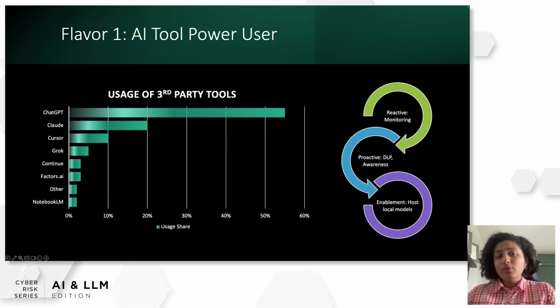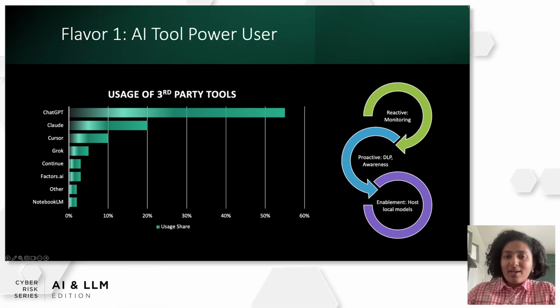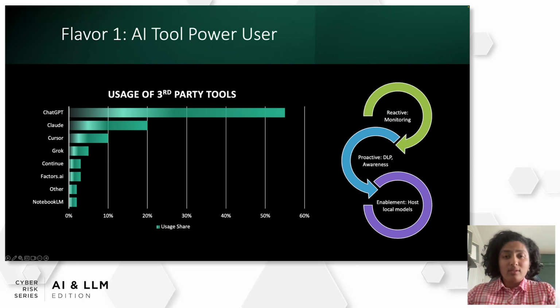However, you should be thinking about what I call an enablement control, which is enabling your organization and development teams to use some of these generative AI solutions and tools. The best way to do this could be to host some of these AI models locally and ensure that the data stays within the boundary of your organization or your enterprise. So that would be one way of risk mitigation.